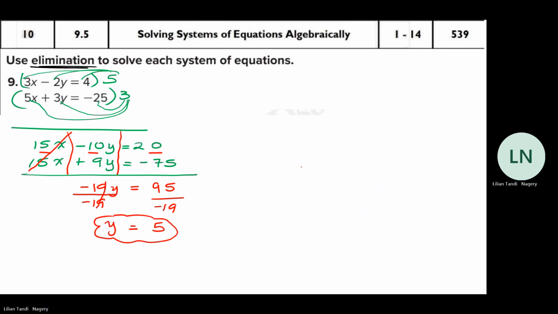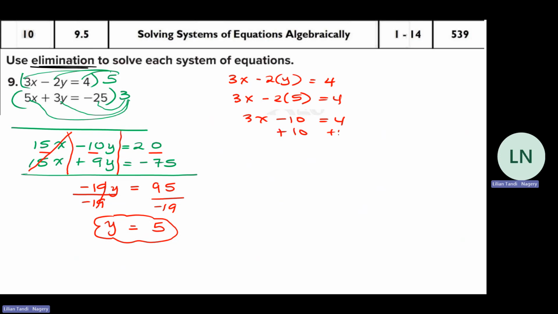Okay. Then, now that I know my y, I can substitute it somewhere here. So I'm going to do 3x minus 2y equals to 4. So 3x minus 2 multiplied by 5 equals to 4. 3x minus 10 equals to 4, plus 10 plus 10.